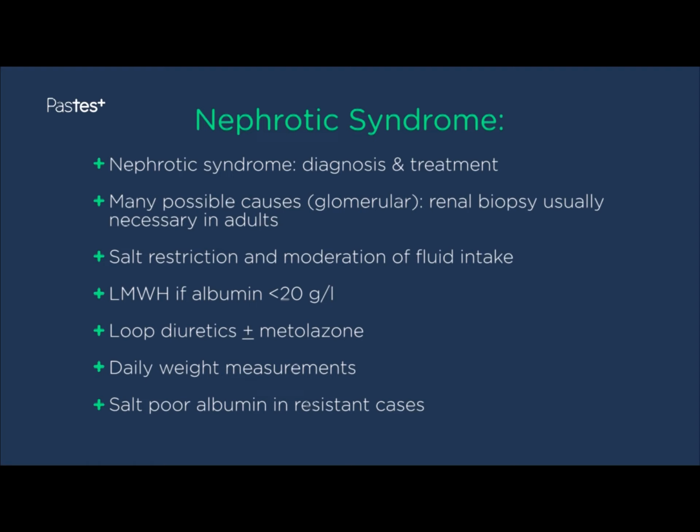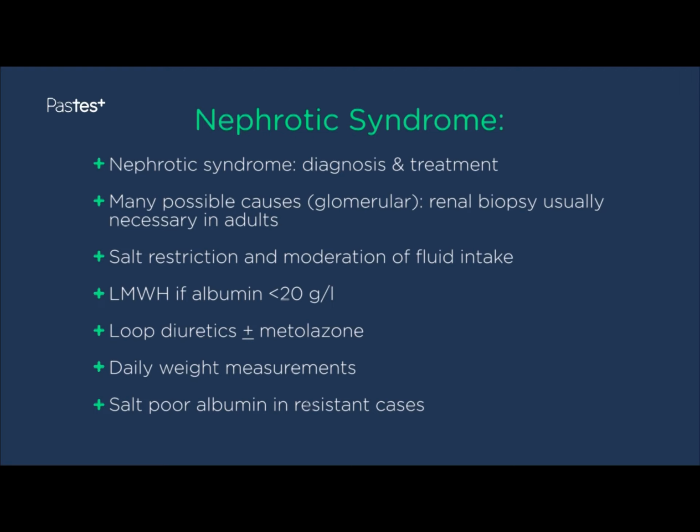One mainstay of simple supportive treatment is salt restriction and moderation of fluid intake. If the patient has a low serum albumin, such as less than 20 grams per litre, then there is a significant risk of thromboembolism, and so patients are then treated with low molecular weight heparins.